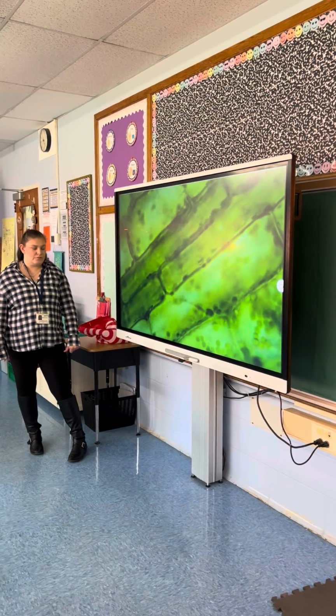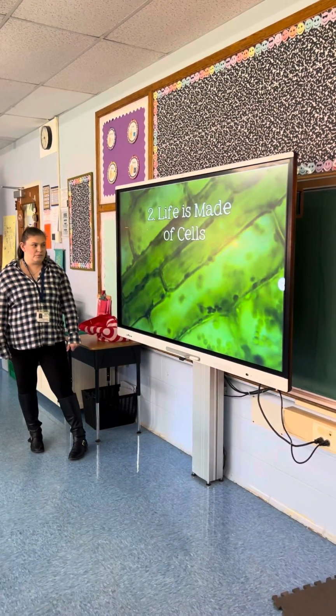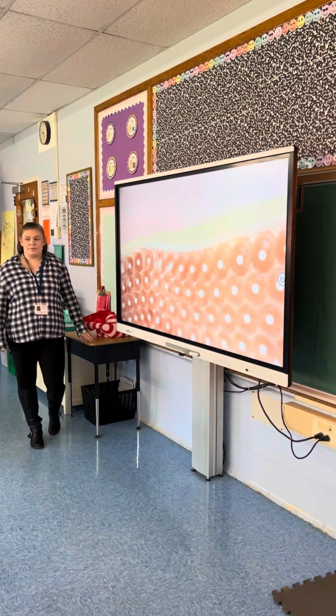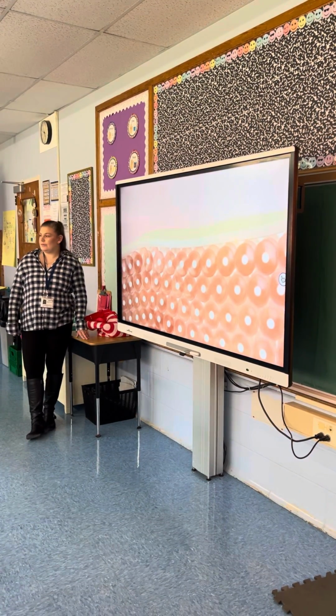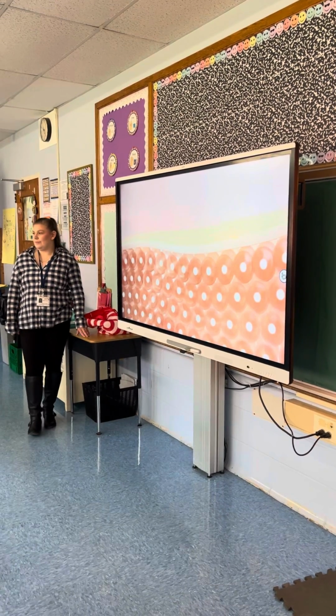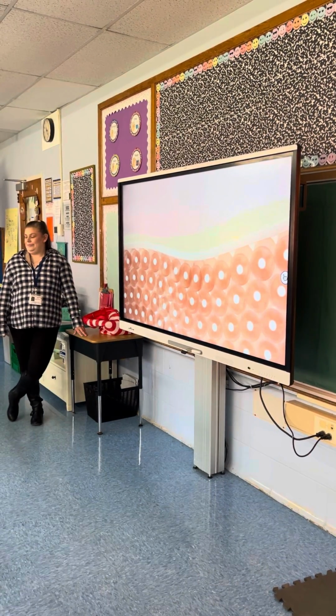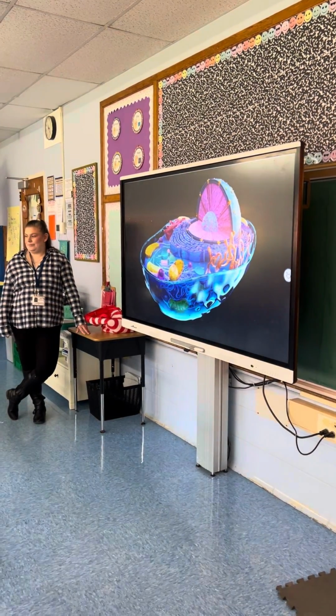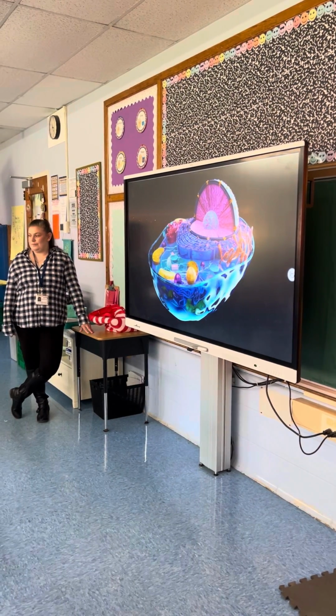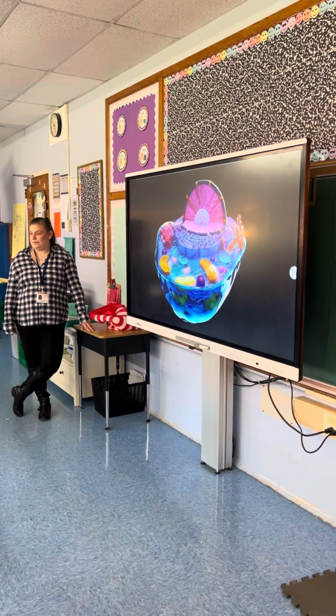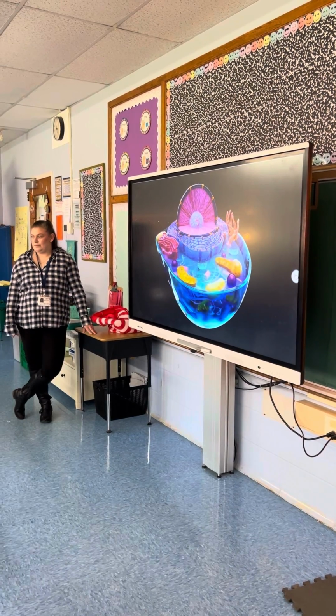2. Life is composed of cells. If we zoom in on any living organism, we discover its fundamental building blocks, cells. Cells are the smallest units of life, acting as tiny factories where all the vital processes of life occur.